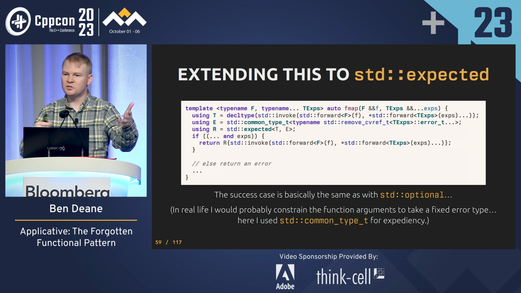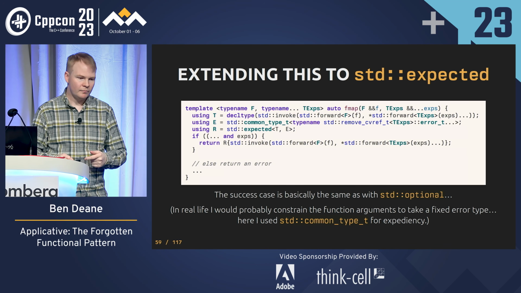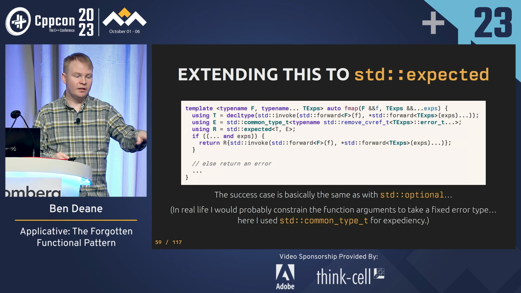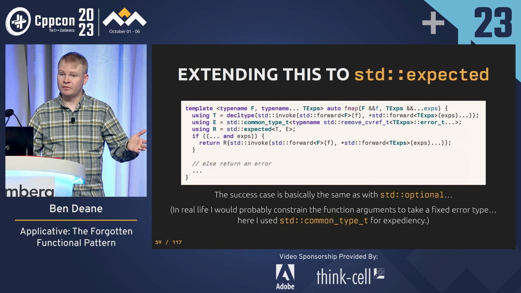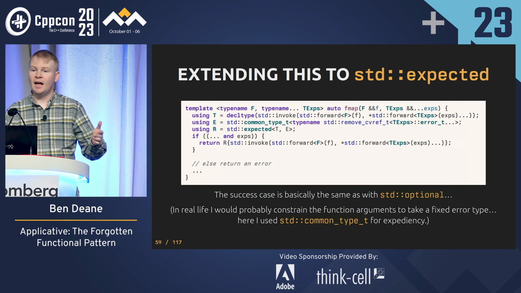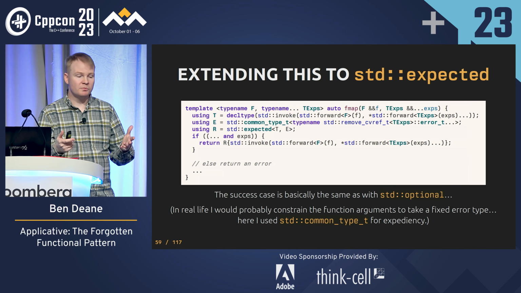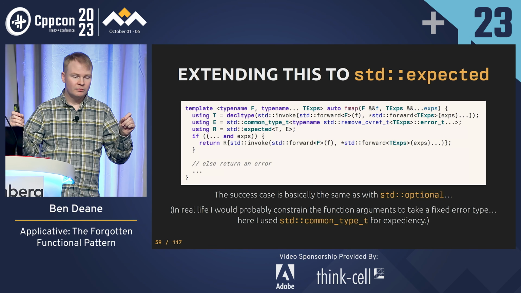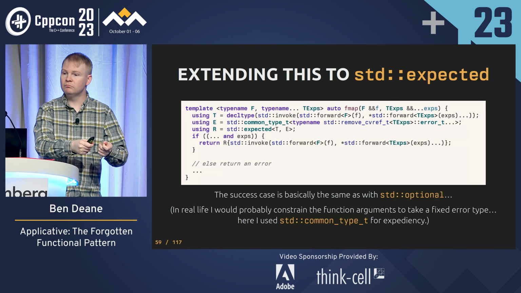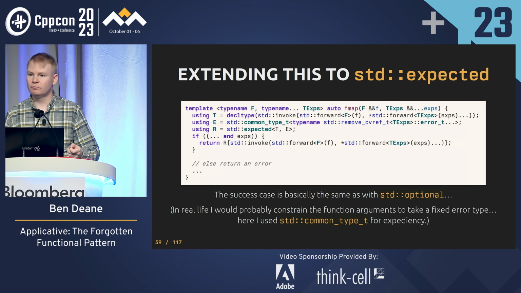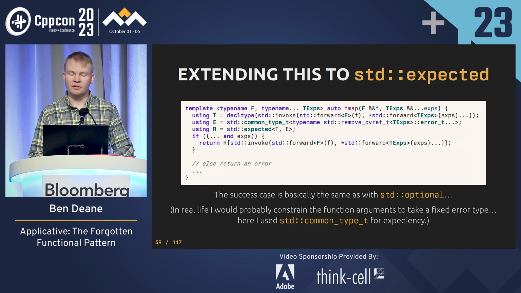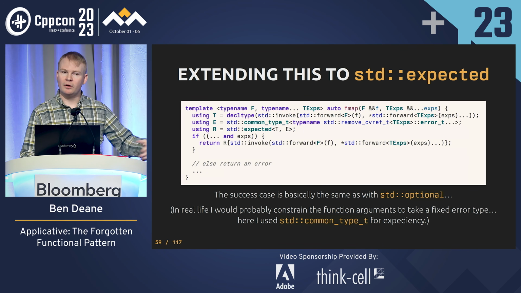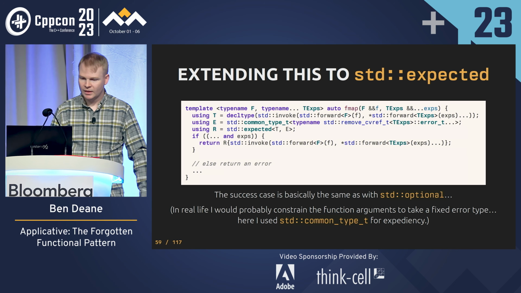So that's how I'm exposing the error type. Given the T and the E, then the result type is just the expected of those two. And the happy path looks much the same. We're just going to say, if all of these things are engaged, then we can call the function dereferencing all of them, and wrap that up in the result type, which is going to be the happy path, the expected value.